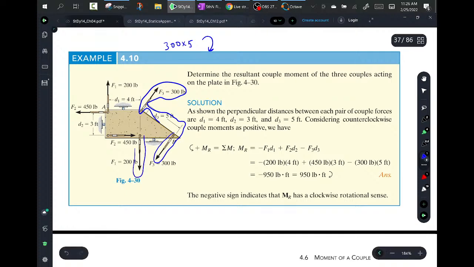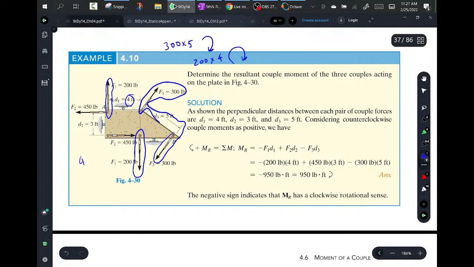I got this one. Now notice, line of transmissibility means I can take this vector and move it up to here. So all I got to do is find the distance between them. So I've got a 200 times 4, and it looks to me like it's going that way.